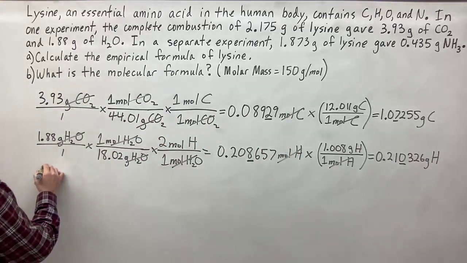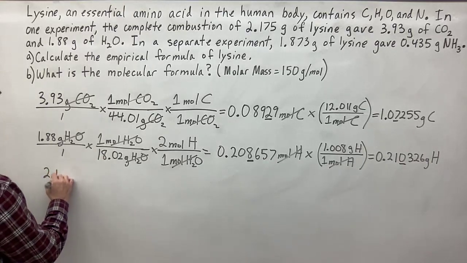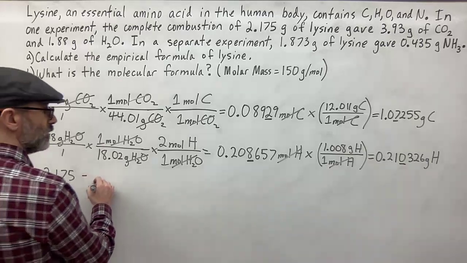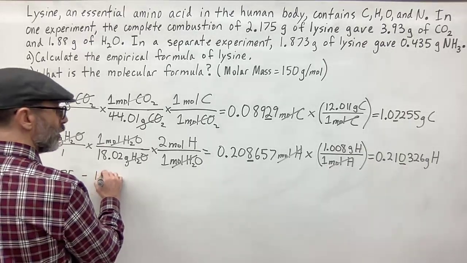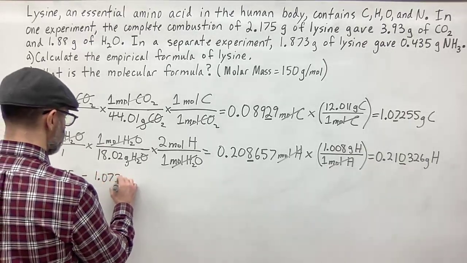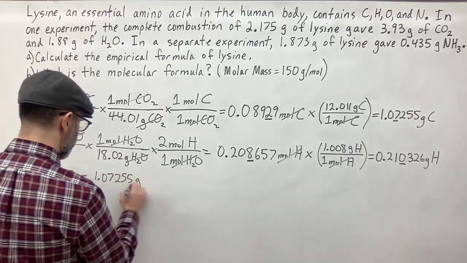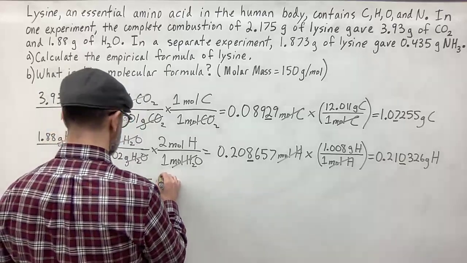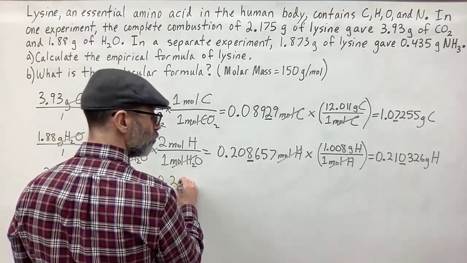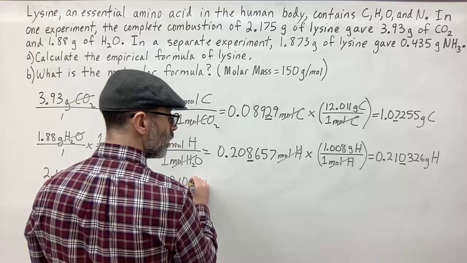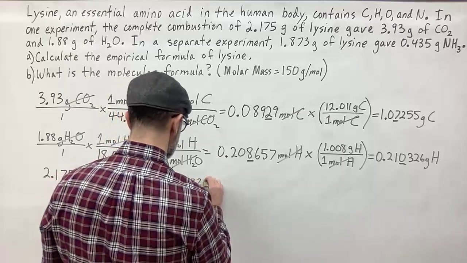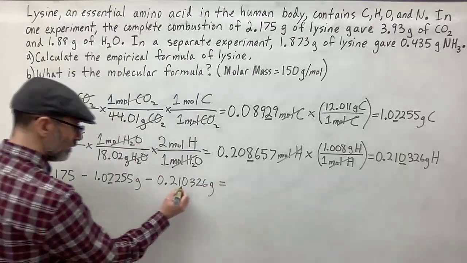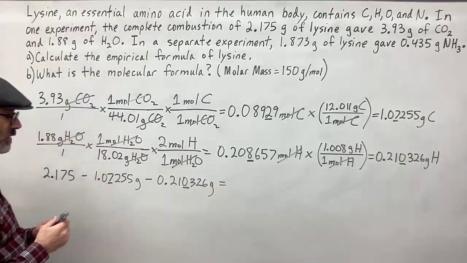So if I take 2.175 minus 1.07255 grams minus 0.210326 grams. And again, that's going to be my last sig fig.